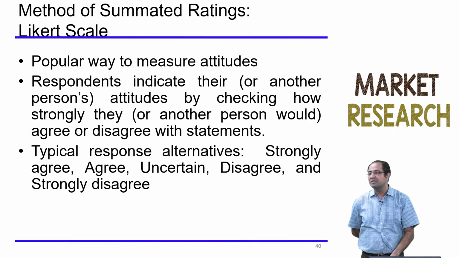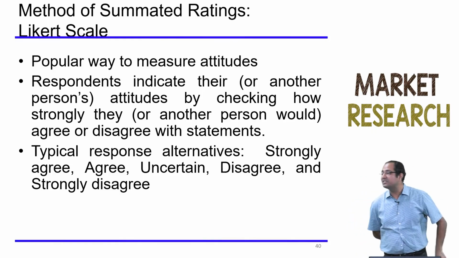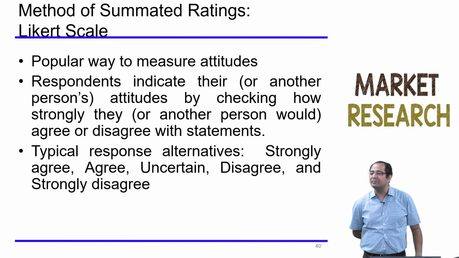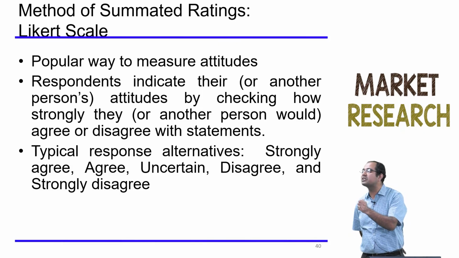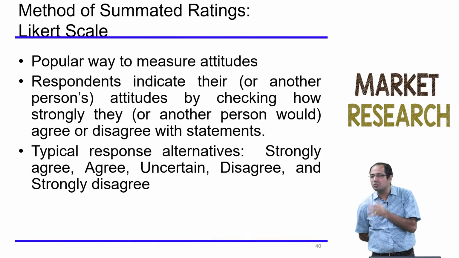Now this is when we use multiple summated rating scales. Summated means when we have multiple statements measuring a particular concept. Why are they called summated? Because we can calculate, let's say when you were measuring attitude towards Kmart, you had multiple statements measuring different aspects, and overall you are measuring the attitude towards the Kmart store.